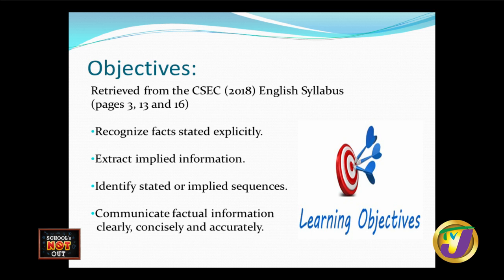We're going through the objectives, taken from the CSEC English syllabus 2018. Our first objective is to recognize facts stated explicitly. We will also look at how we extract implied information, identify stated or implied sequences, and communicate factual information clearly, concisely, and accurately.